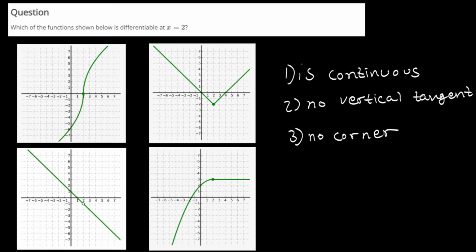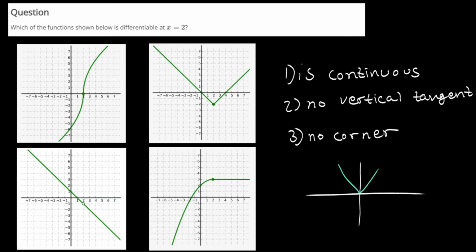Now, we also need to know what a corner means. What's a corner mean? Well, let's draw this graph right here. So any function, say for example, this does not have a corner. What is a corner? A corner would be something like you would see in an absolute value graph.